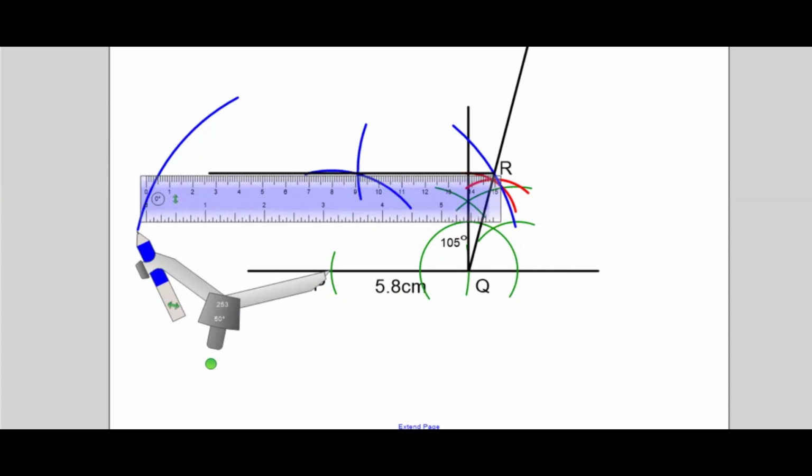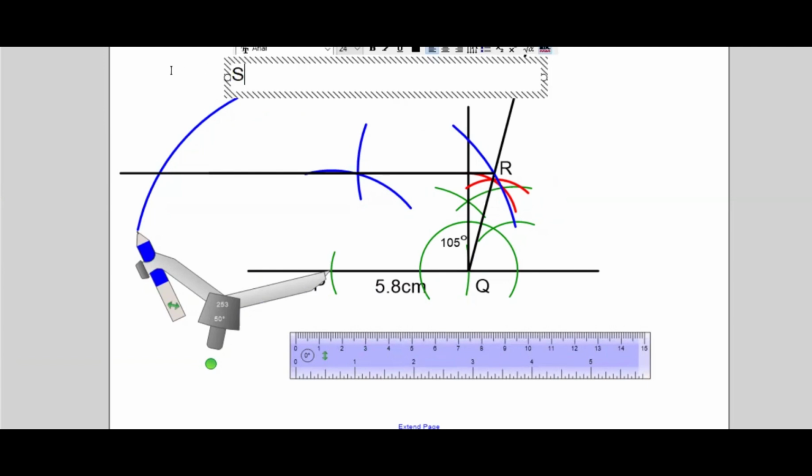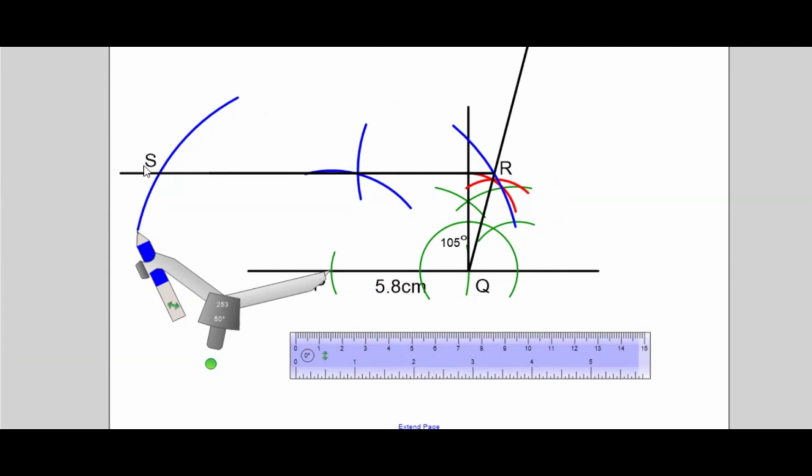I extend the line through R this way. Now we can locate point S here. Point S is now here.